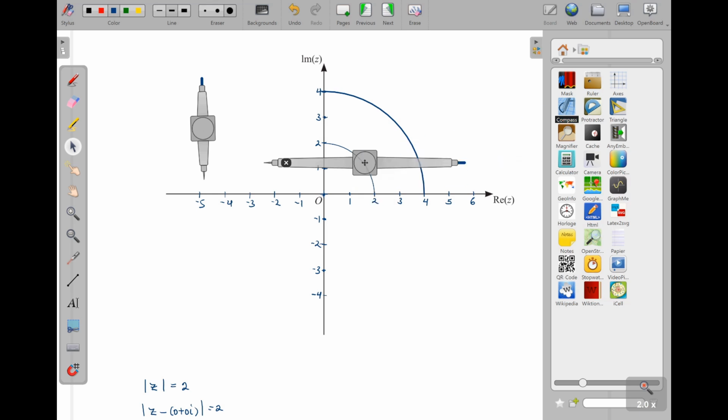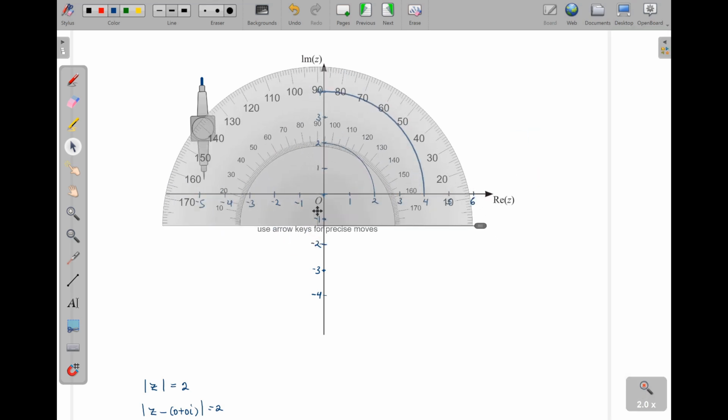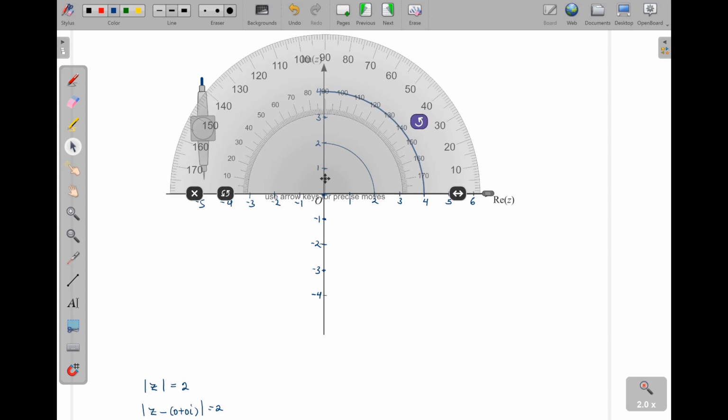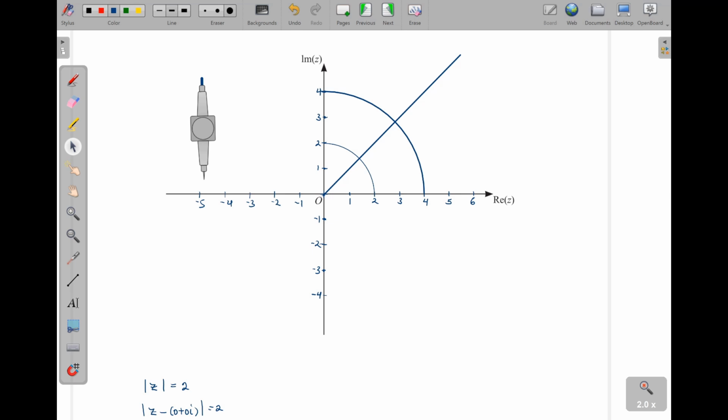So when I bring my protractor to measure the 45, I just put this one there, and then our 45 is here. So just like that. Then I can take this one off. And this is going to be our answer here.